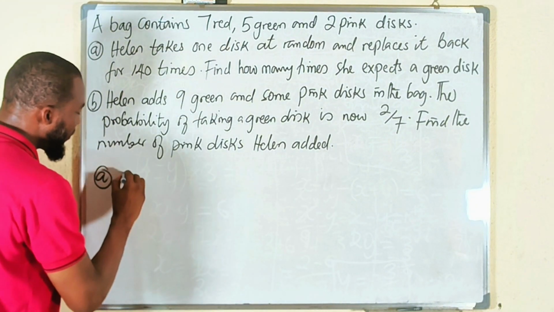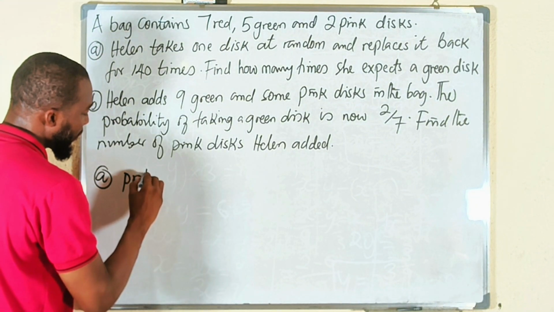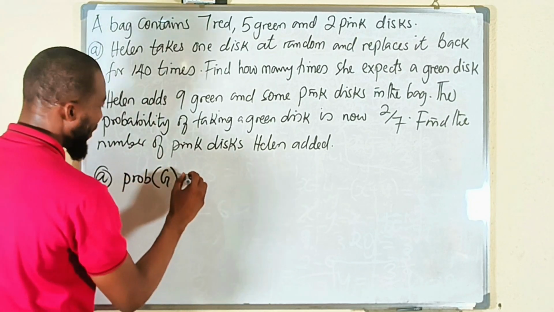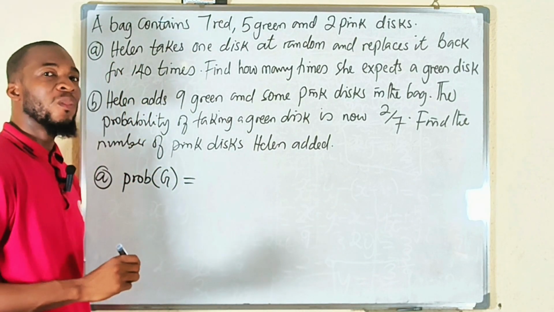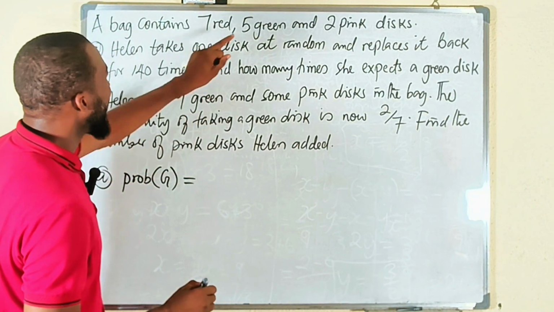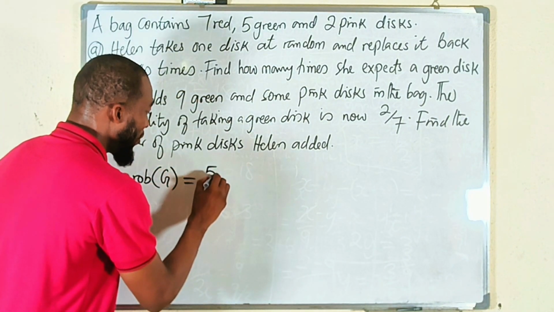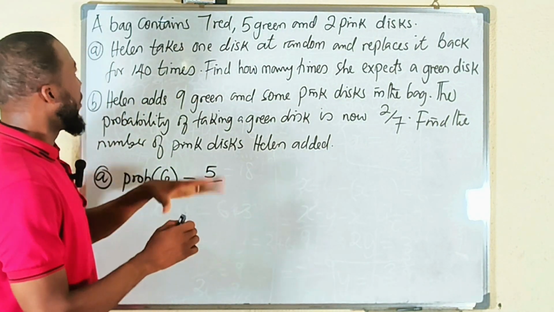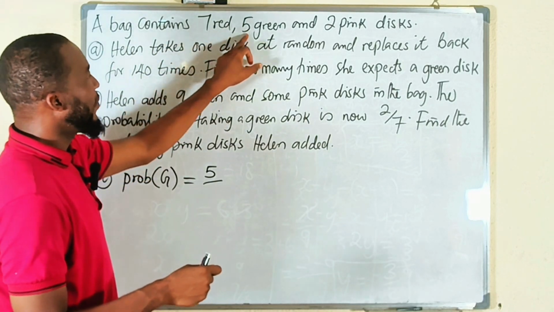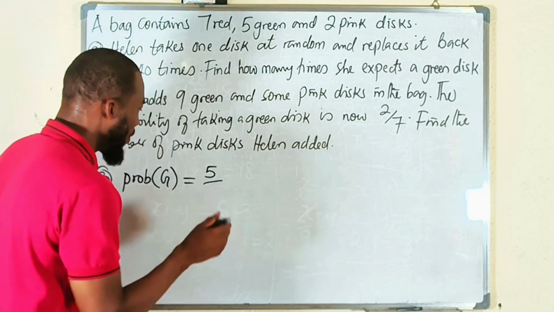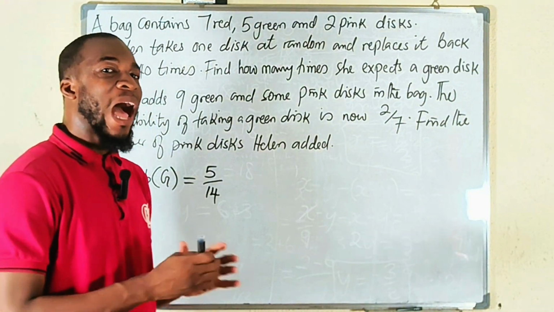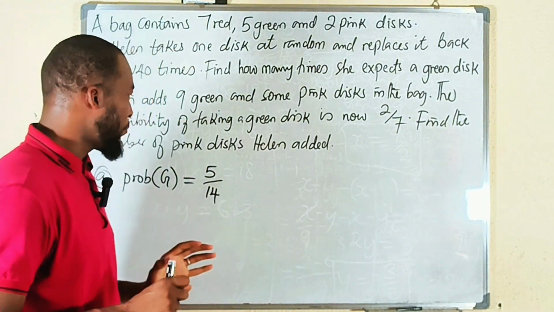So the probability of picking a green, let me just call it G because I don't have much space, is equal to the number of green discs, which are 5 in number, divided by the total number of discs. So let's add. 5 and 2 is 7, another 7, we have 14. So this is the probability of picking out a green disc in that bag.